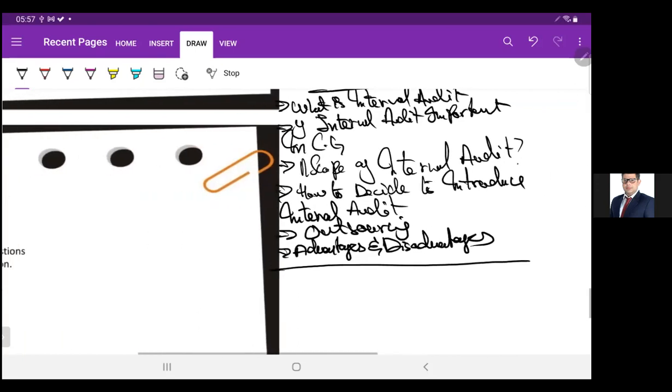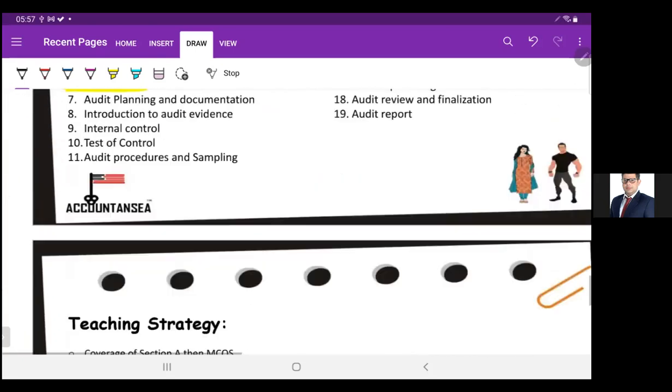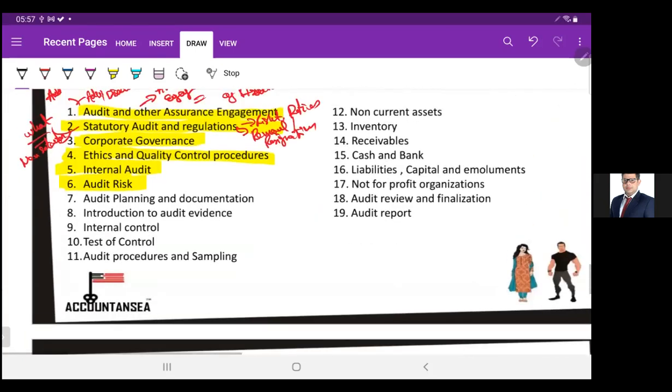Then we will discuss the area of audit planning and documentation.